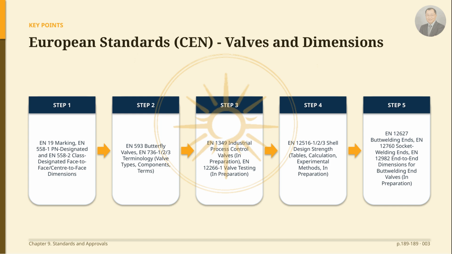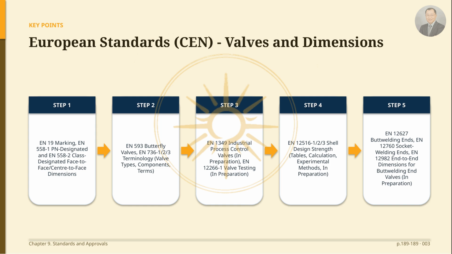EN 1349 for industrial process control valves is also in preparation, and part of EN 12266, which covers testing of valves, test procedures, and acceptance criteria, is likewise in preparation. EN 12516 deals with shell design strength, divided into the tabulation method for steel valves in Part 1, the calculation method in Part 2, and the experimental method in Part 3, all of which are in preparation.